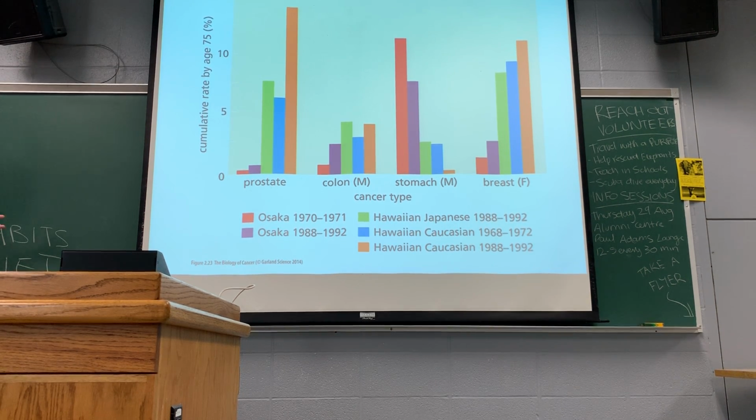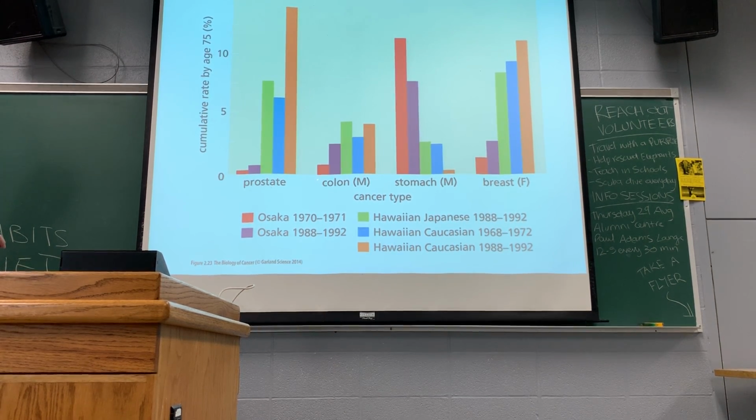Because you can take people from Japan, move them to Hawaii, and they appear to have a prostate cancer incidence that is moving closer to that of the people that were living there already to start with. Does that make sense?